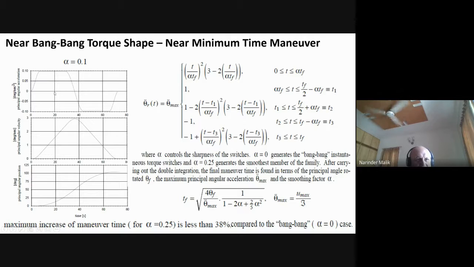This performance shows the torques; you integrate the torques, you get the velocity, and integrate once again, you get the angle. Up to this point the rate is increasing, and here the rate starts decreasing, and attitude goes in a smooth manner.